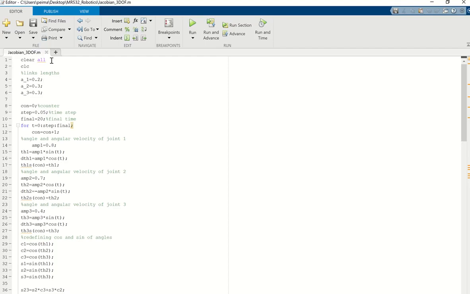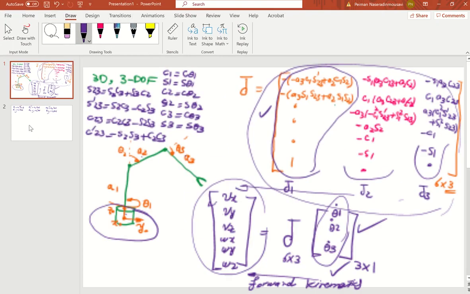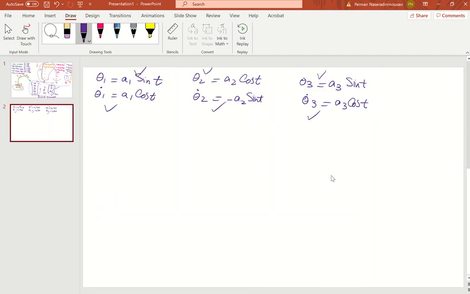But exactly based on what I was saying, the links, the lengths. Look at here. See A1, A2, A3. Actually, this A1, A2, A3, I'm naming it A prime because I don't want to get confused with this.